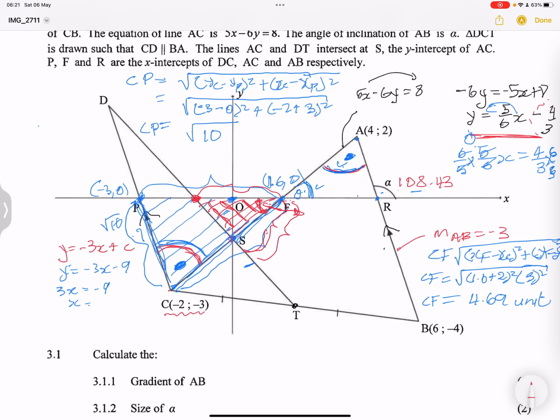And in this case, then find the area of FS. Let's just give this a name. We can call it X, right? So we can find FSX, and that is what would give us, we subtract the two areas, and that will give us the area that we are looking for, which is this area over here, right?